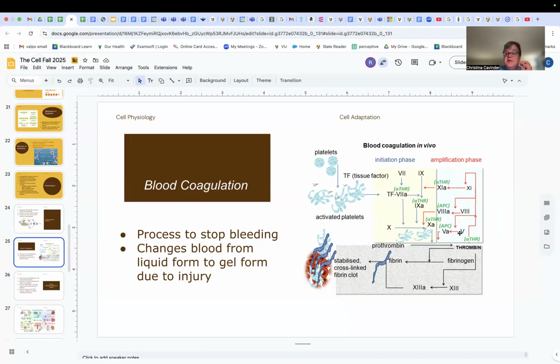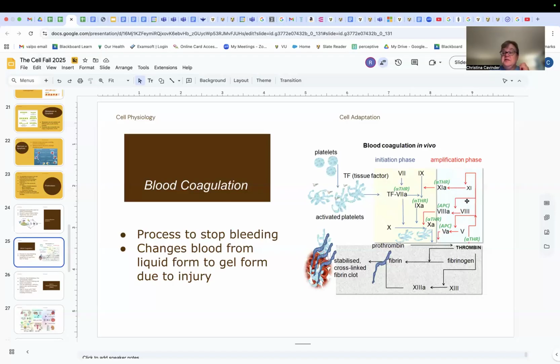And we're going to talk about this more later when we talk about hematological dysfunctions, because some of these cascading things that you see here, the different phases, and all these numbers are factors. These factors must be present for you to make a clot. So when we talk about like hemophilia, where one of the factors is missing, it will go through the stage, but it will only get so far.